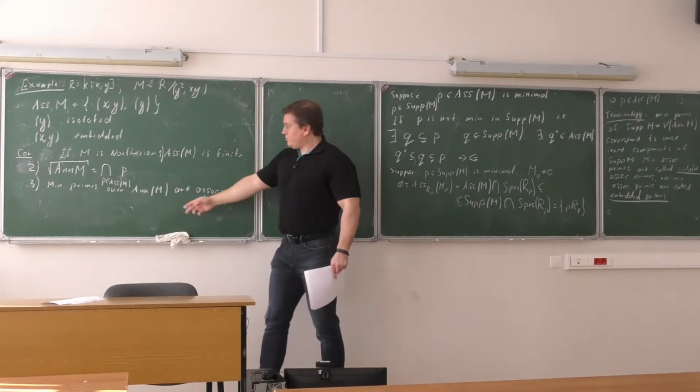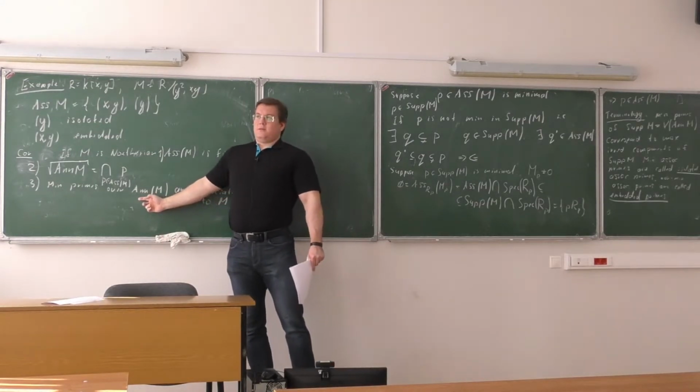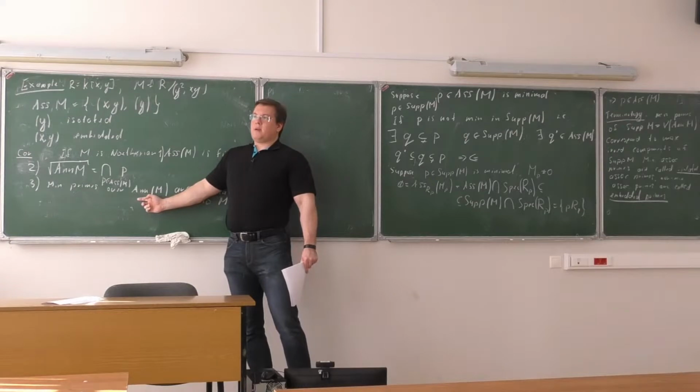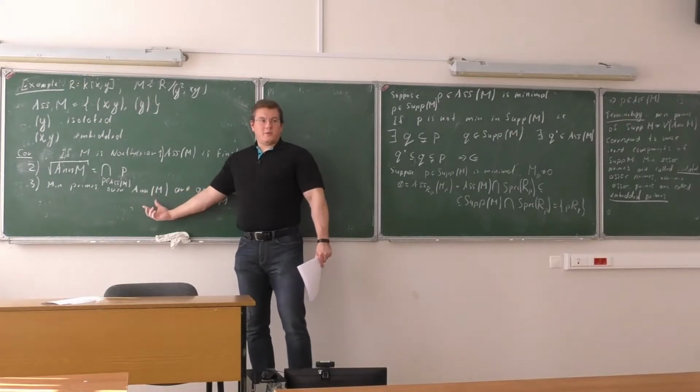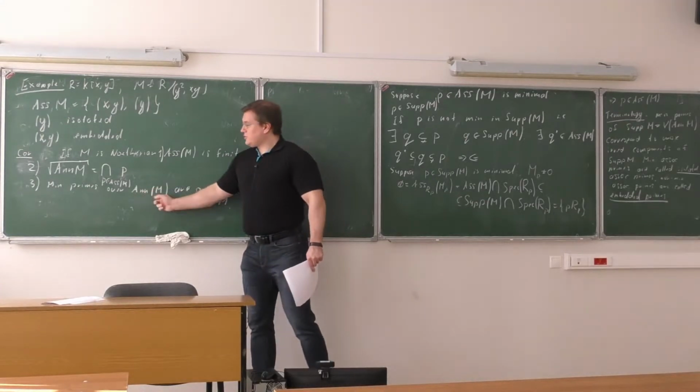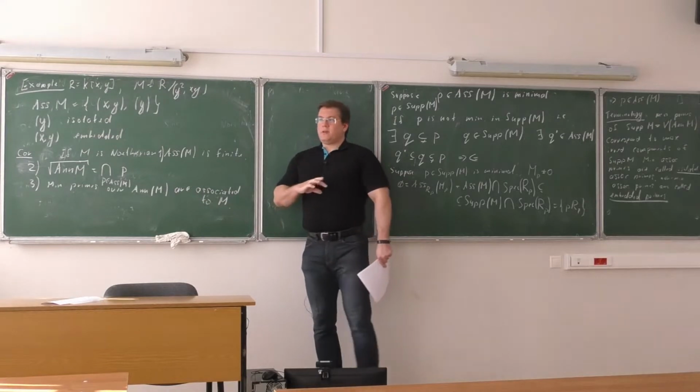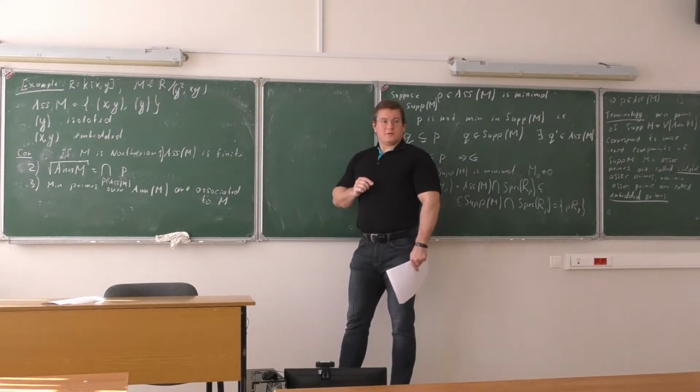You compute this ideal, well, take minimal primes over this ideal, or geometrically, this gives you some closed subset in the spectrum. You need to find the maximal irreducible components of this.